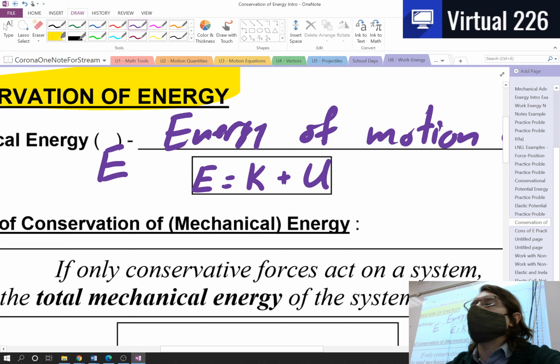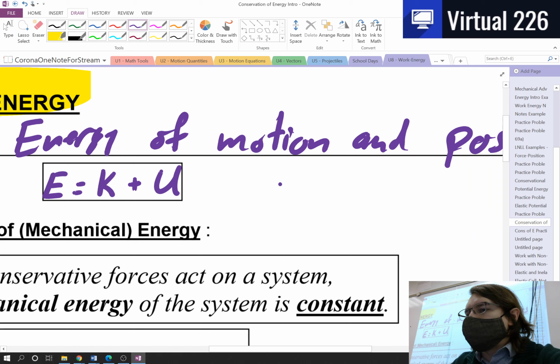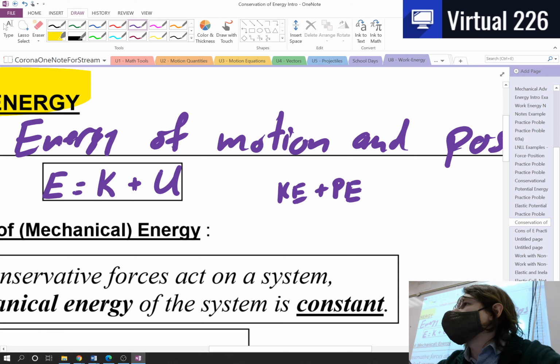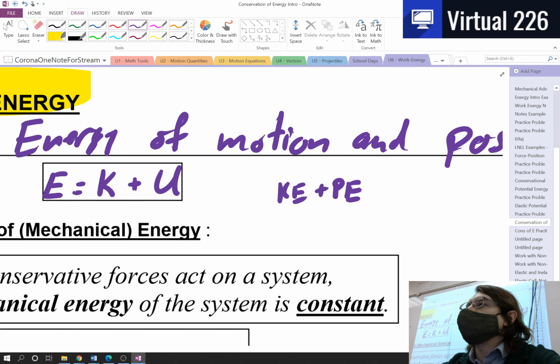Some people write this K plus U, like I've just done. Some people write this U plus K. And then, if you wanted to, you could technically write this as kinetic energy plus potential energy using KE and PE if that's more comfortable than using Ks and Us. So however you want to slice this bread, it is still tasty. And this is the idea of a mechanical energy. It's the total energy of a system given by its motion and its potentials.